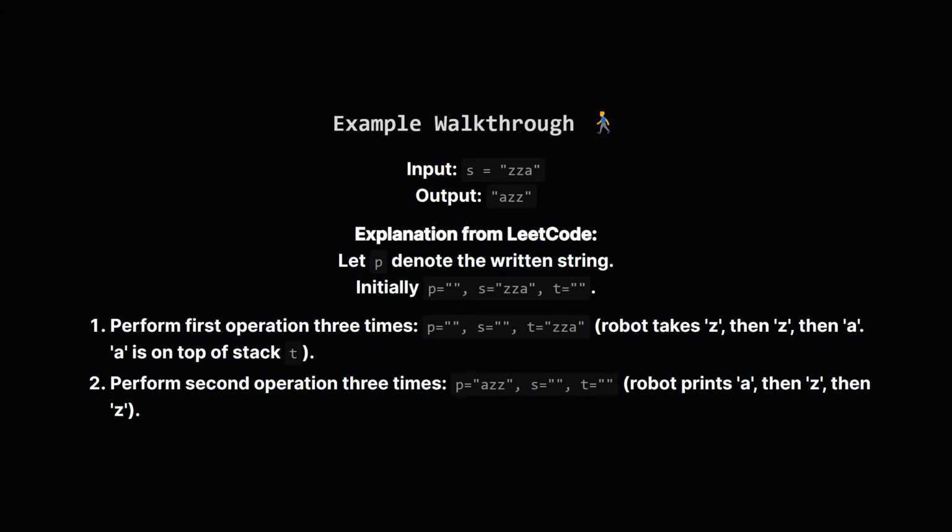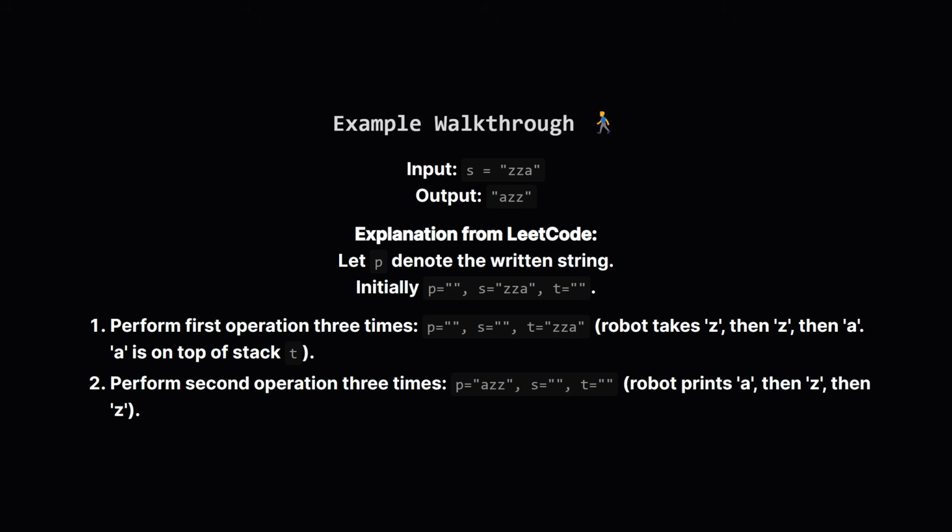Let's walk through the first example. The input string s is z, za. We want the output as. Imagine the robot's actions. Initially, the paper p is empty, s is z, za, and the robot's hand t is empty. The Leetcode explanation says, first, the robot takes all characters from s and puts them in its hand t, so z from z, za goes to t.